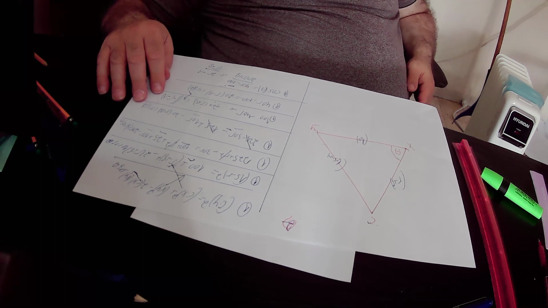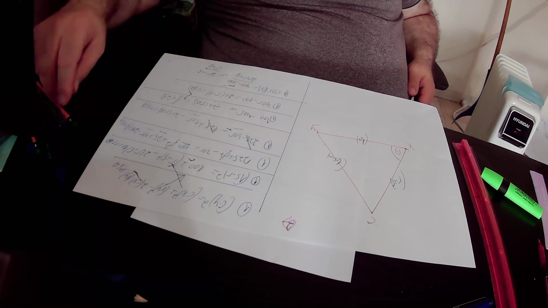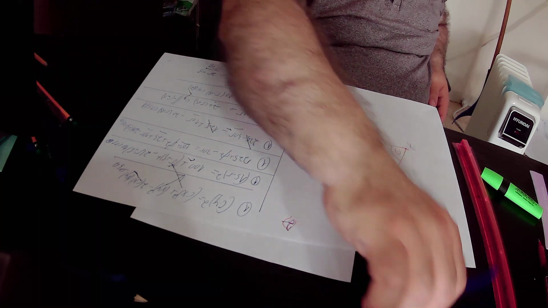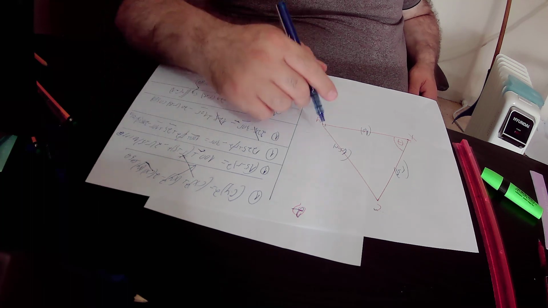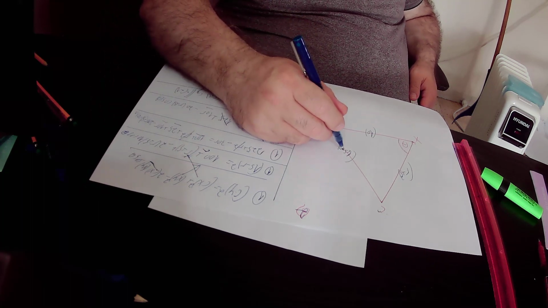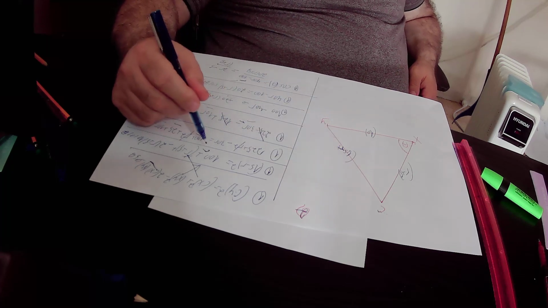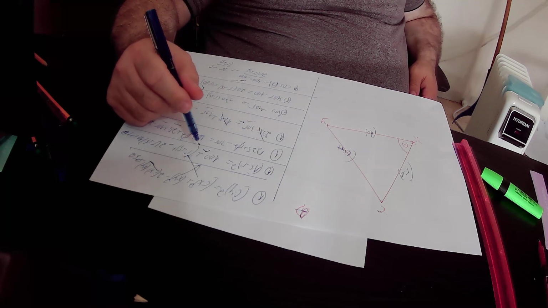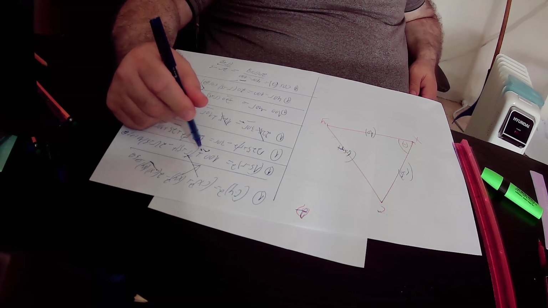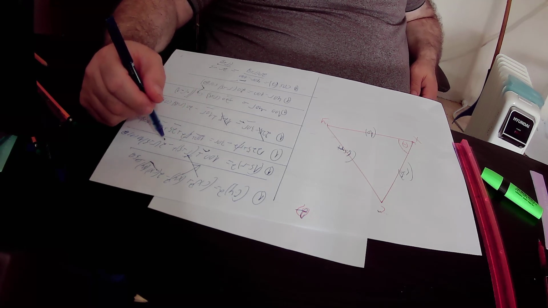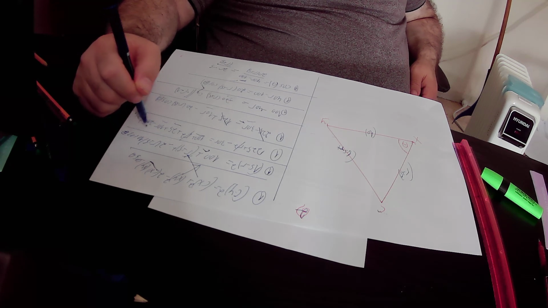CY square is 15 minus r square, that is equal to CX square, which is r plus 5 square, plus XY square, which is 100, minus 2 times r plus 5 times 10 cosine theta.